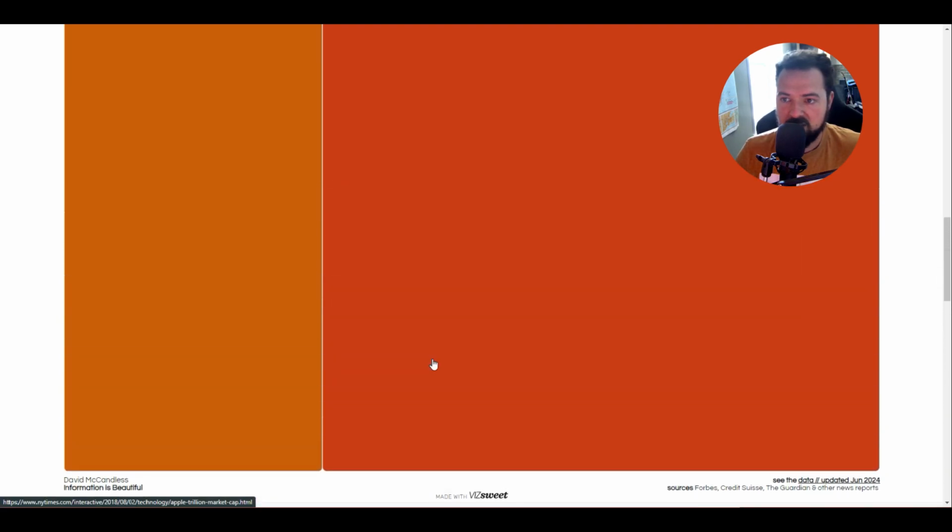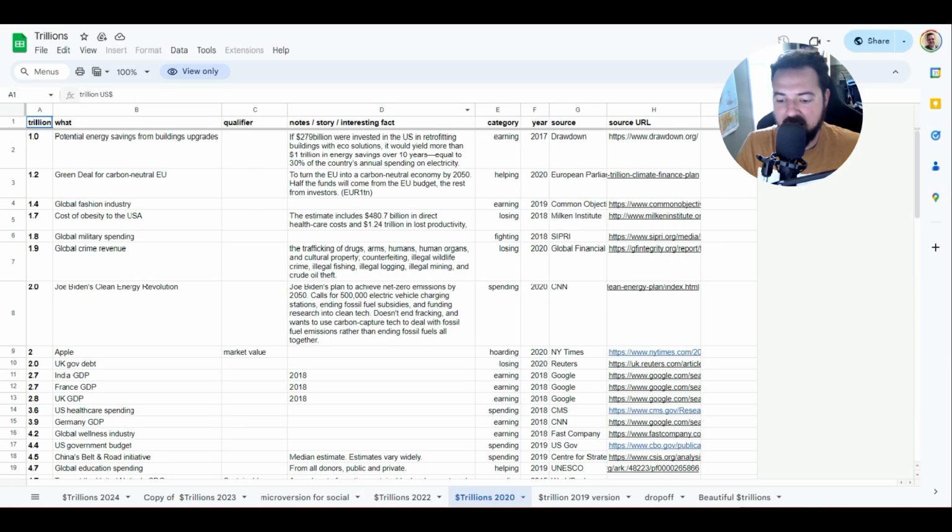Information is Beautiful, so definitely go check that out, and the table here, because I think this is a valuable illustration of the actual data structure that could be fed to a chart like this. And I think it's valuable to note because you can't just feed any structure of data into a chart and get this effect. So it's valuable to study things like, there's a column for trillions, and that's a decimal number.